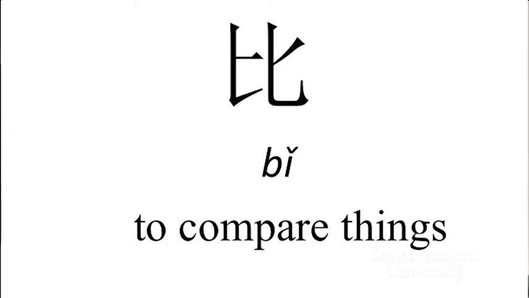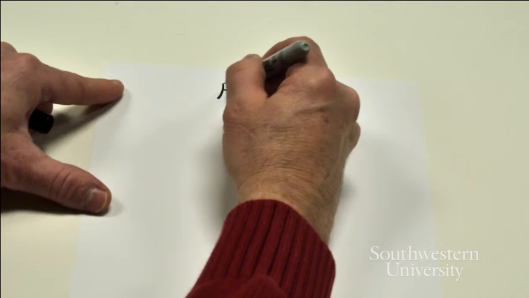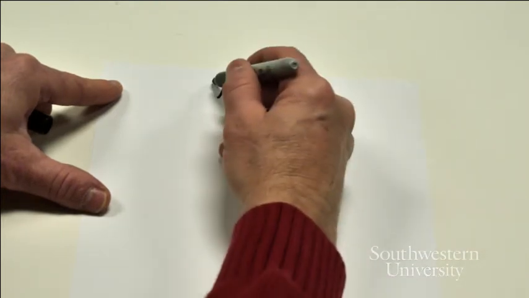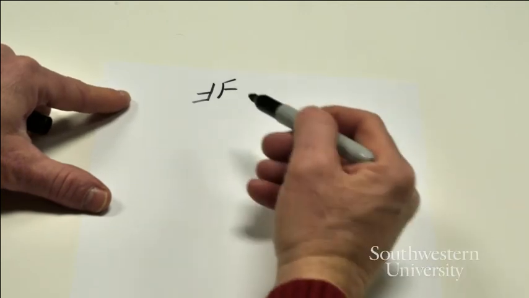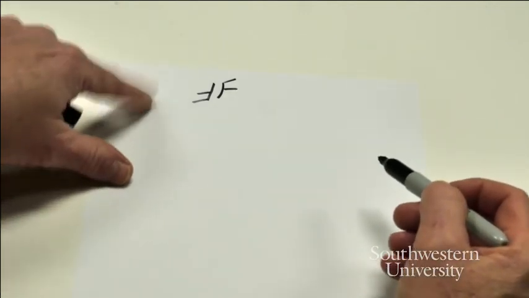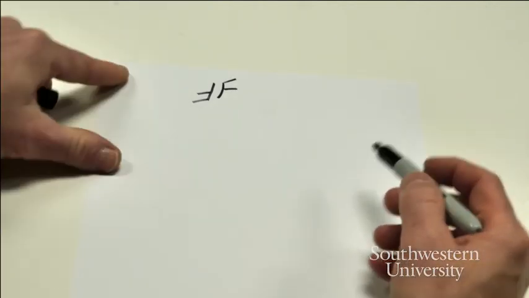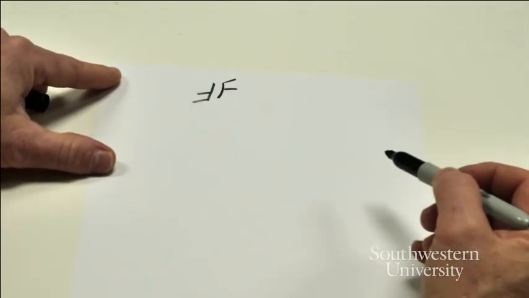The next character, bi, is a depiction of two people. Sometimes a person was depicted this way. If you think of it as something like that, and I don't know if it resembled that very much, then you can see how the character developed.